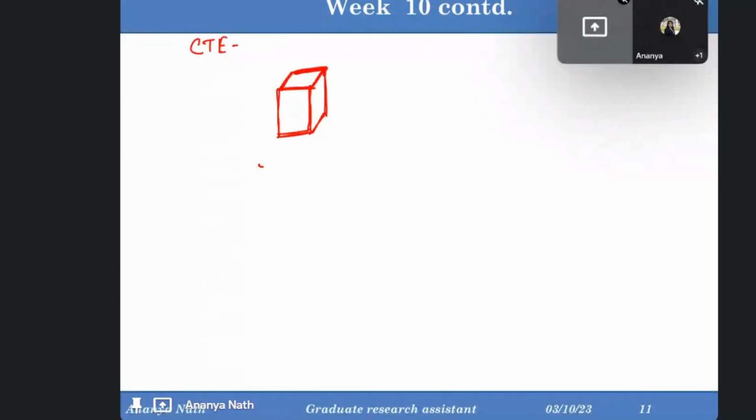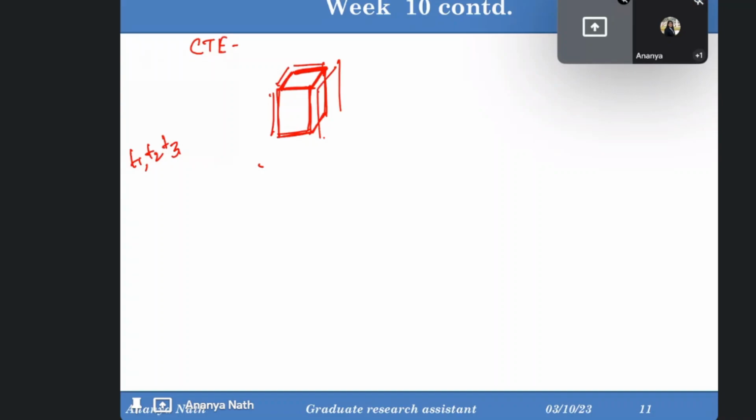So here the assumption is that the particle is equiaxed, with dimensions T1, T2 and T3. Due to the difference in the coefficient of thermal expansion, a mismatch stress is generated inside the lattice or inside the material, and the dislocations will look like this.